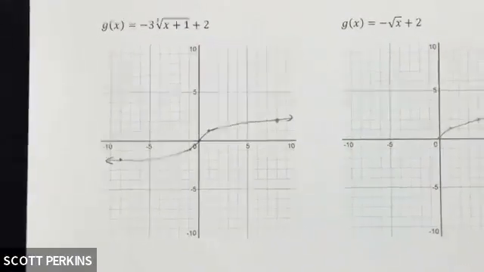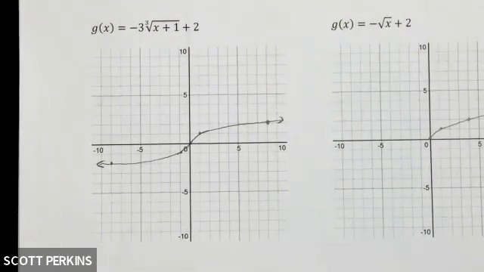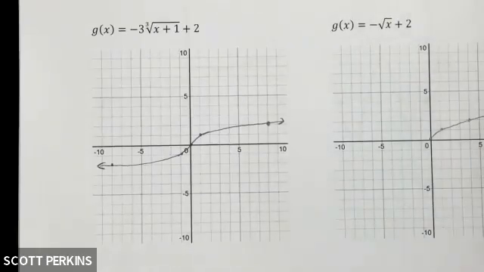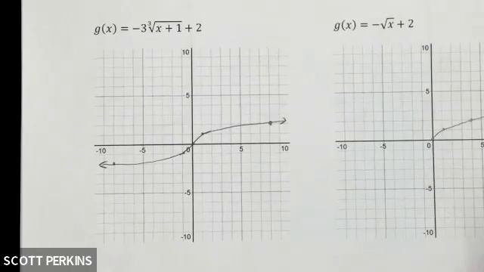Okay, we're going to go down to the next one. I've got a nice cube root graph. Again, I've drawn the basic graph right there, firstly. So 3 things are happening to this graph. And if you remember my advice to you, we're going to do this one in phases. We're going to do one thing first, and then we'll take care of the rest. So tell me any one of the 3 things that are happening to this graph right here.